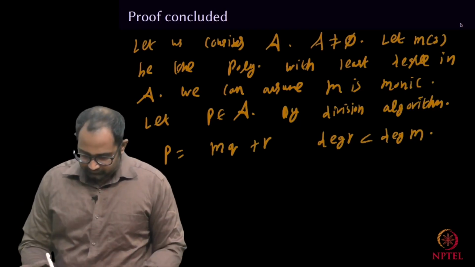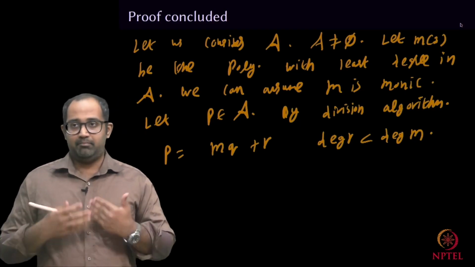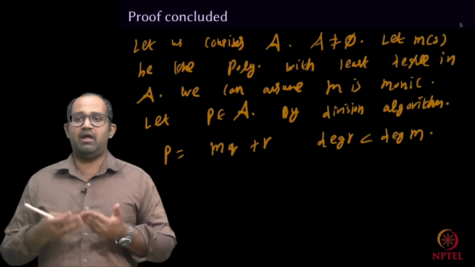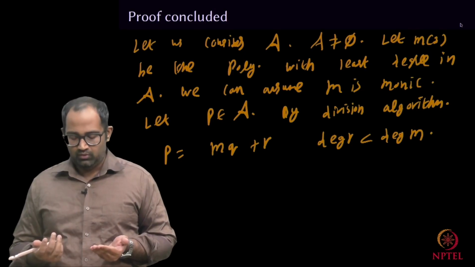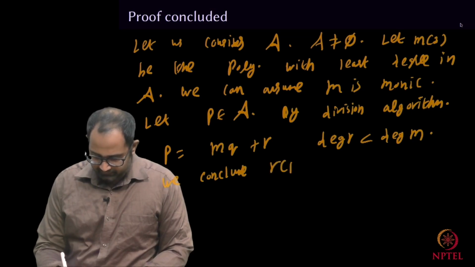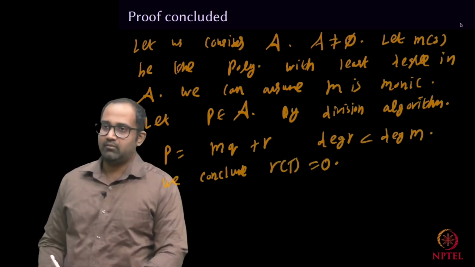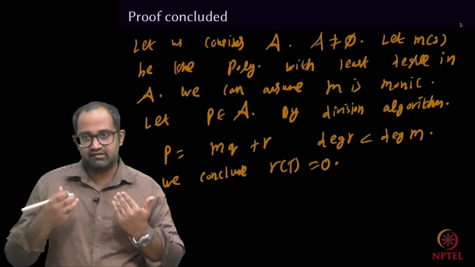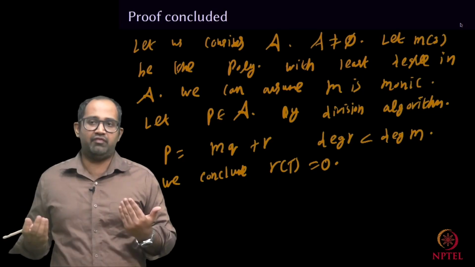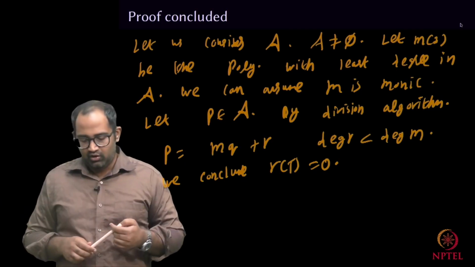Now, by hypothesis, P of T is 0, M of T is 0, therefore M of T times Q of T is 0. So we conclude R of T is 0, because R of T is just P of T minus M of T composed with Q of T, and M of T is 0, so you can switch things around.